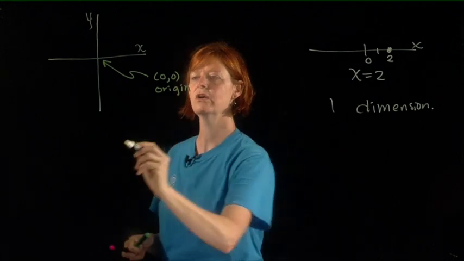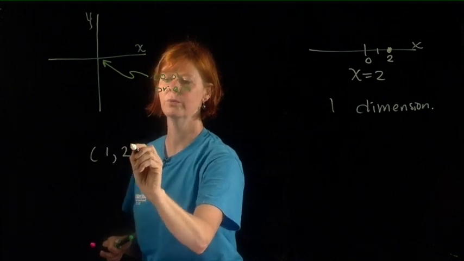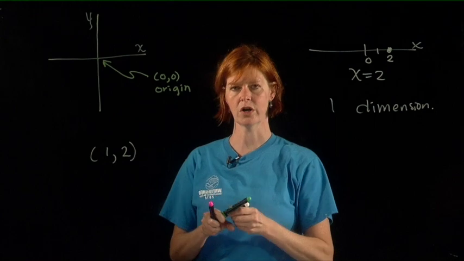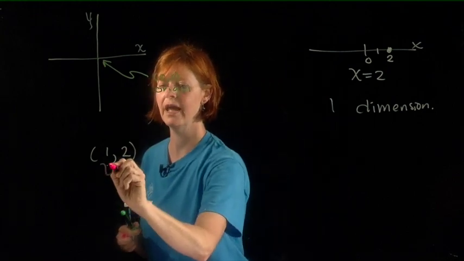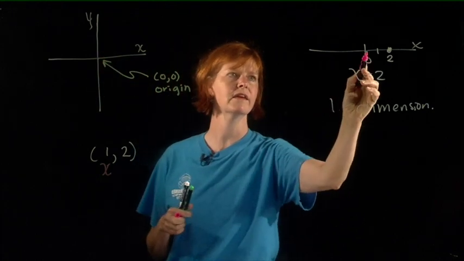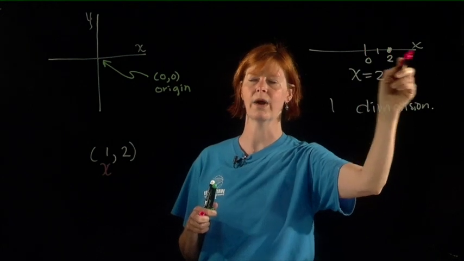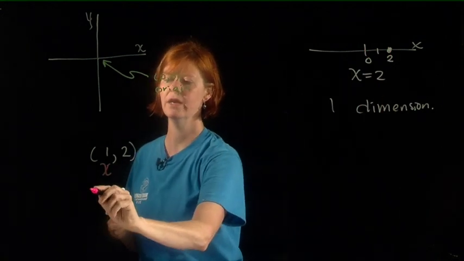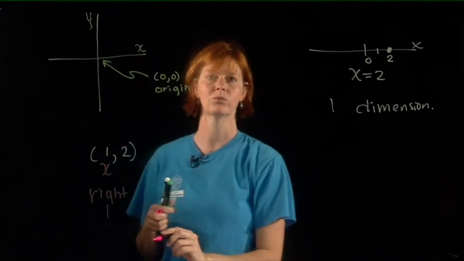So let's start with the point (1, 2). You start at the origin. The first number is your x. So here I am at the origin, and the way that numbers in one dimension moved from the 0 to the right, that's the same way a positive 1 on the x values is going to be a right 1.